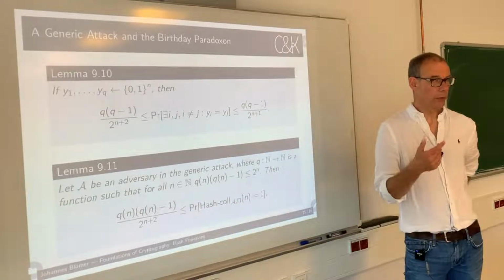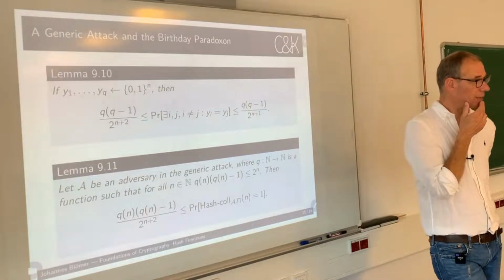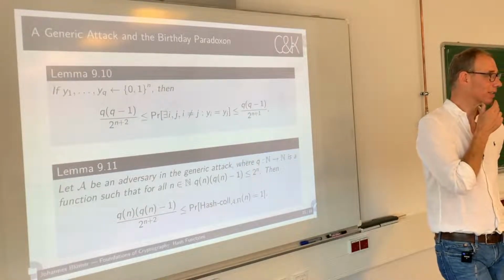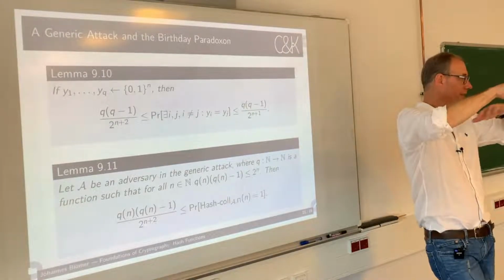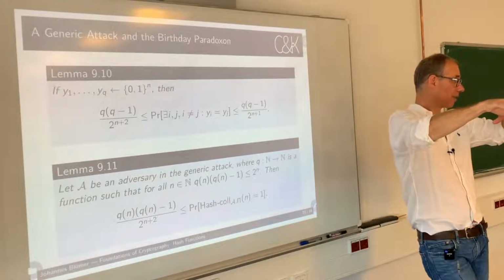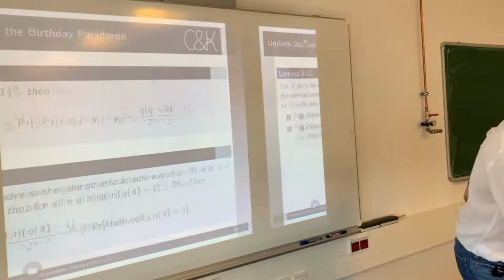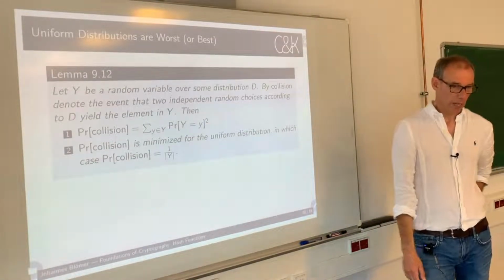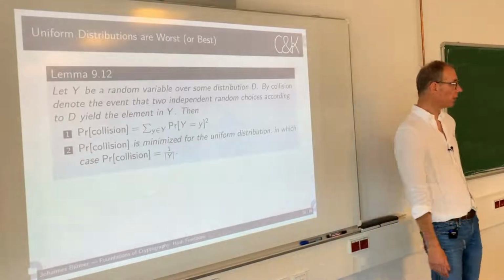Being uniform minimizes the success probability for this thing. So if things are evenly spread out, finding collisions is hardest. And in the exercises and tutorials, for a simple case, you will justify that.